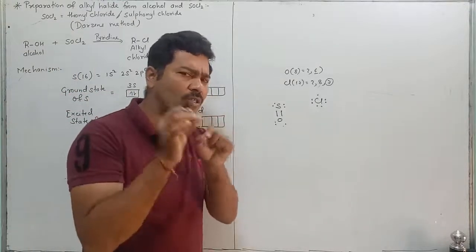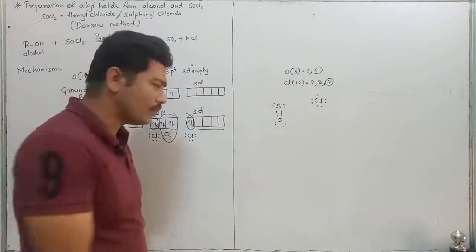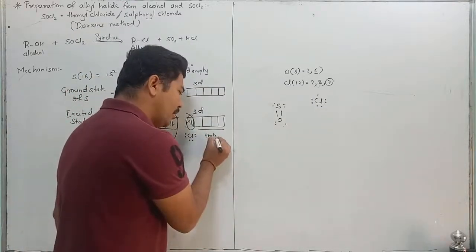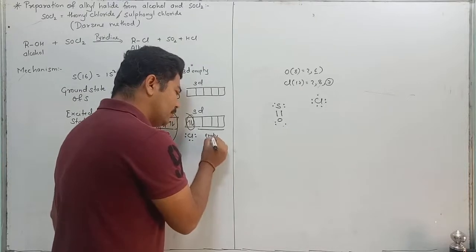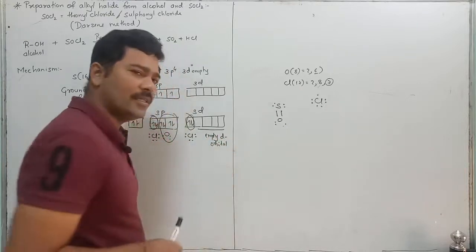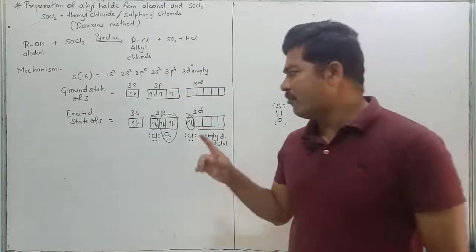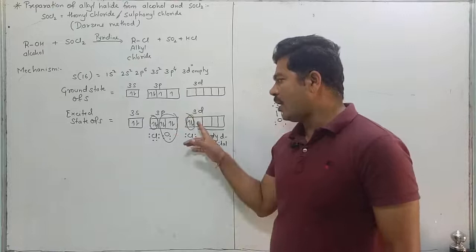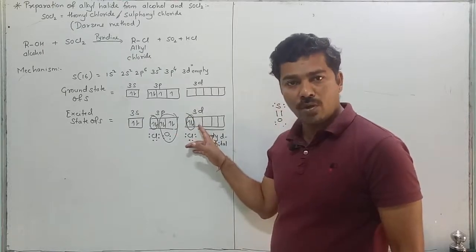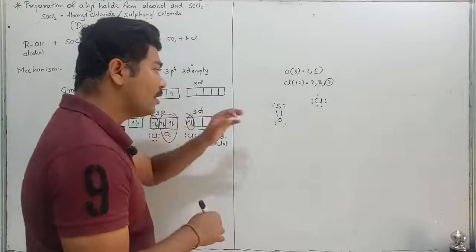Now also the sulfur contains a vacant, empty d orbital, due to which sulfur has the ability to attract electrons. That means sulfur should carry a positive charge. Why does sulfur carry a positive charge?